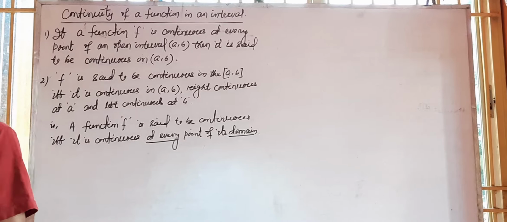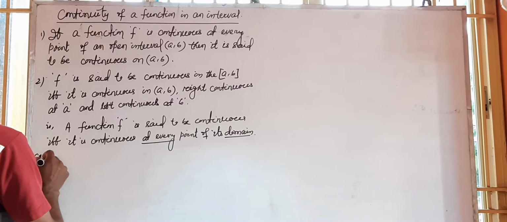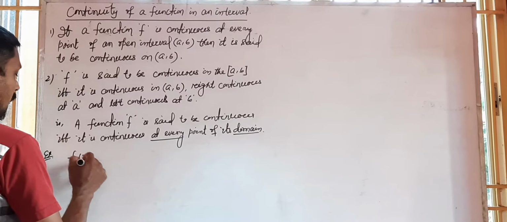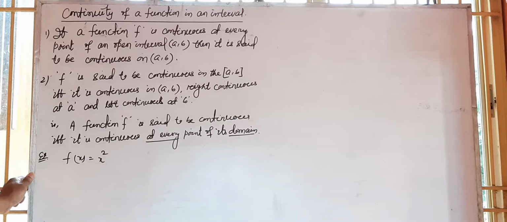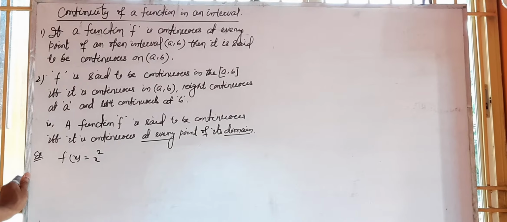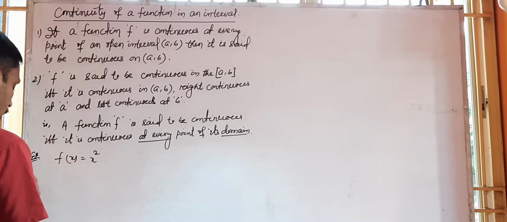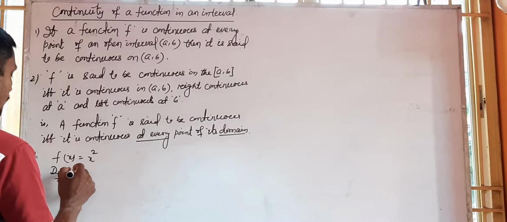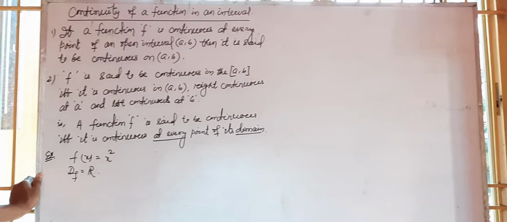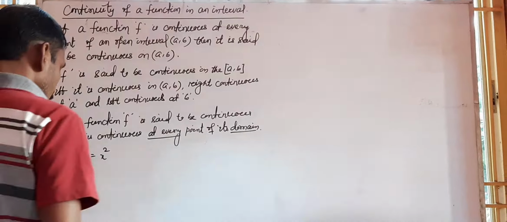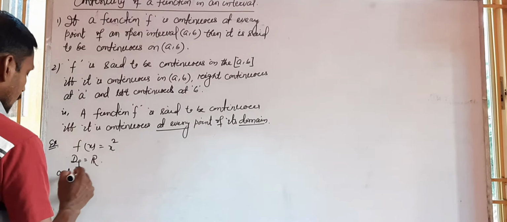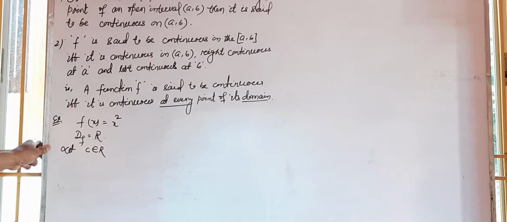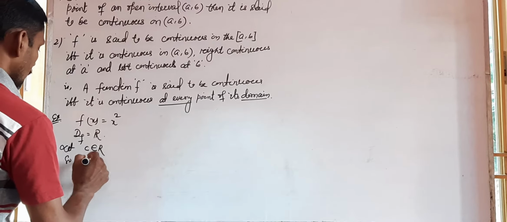For example, suppose you take f(x) equal to x square. Now here, what is the domain of f? The domain of f is the set of real numbers R. Let c be any real number, that is, let c belong to the domain of f.